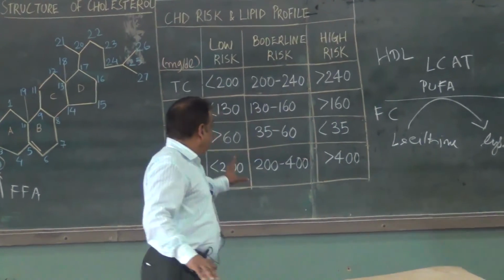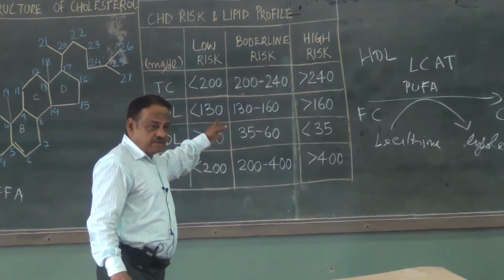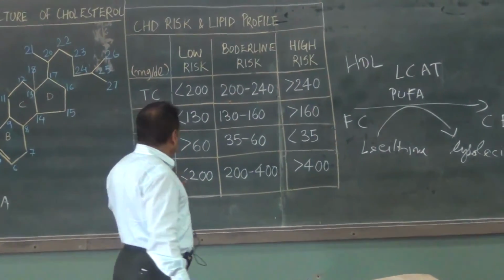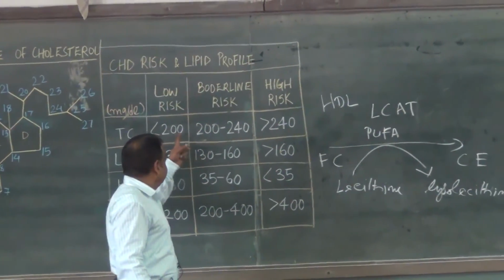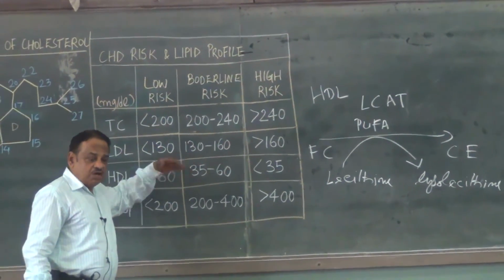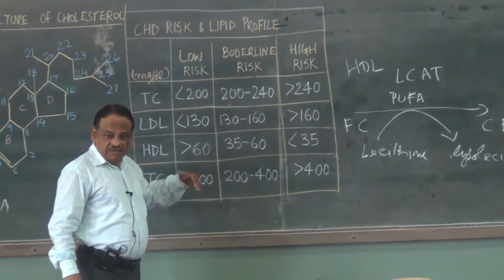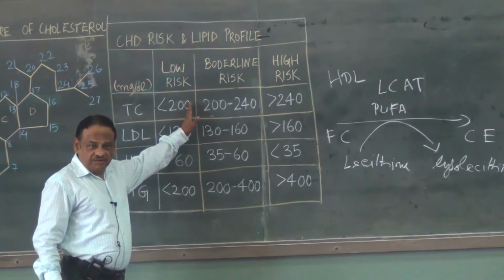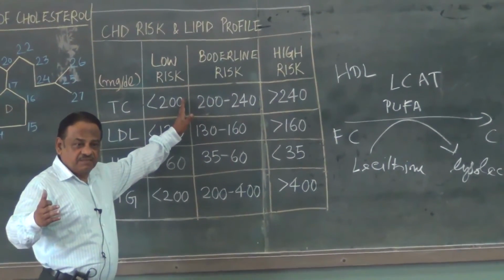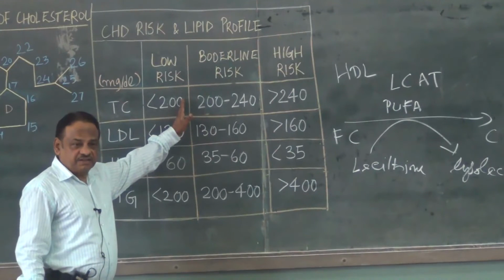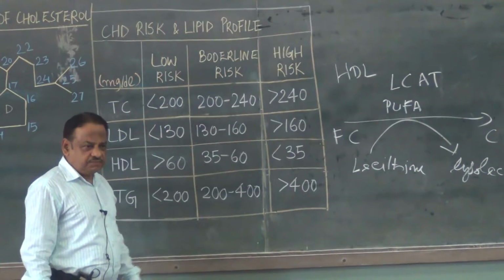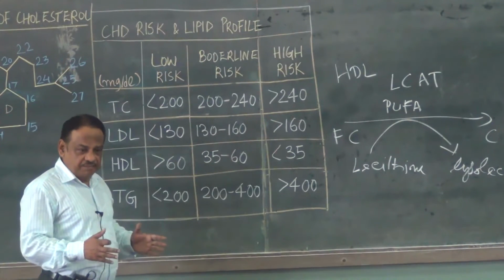So this is about the lipid profile, what should be the ideal and what carries the risk. Now, somebody may have a total cholesterol of 200, which is normal, up to 200. But suppose that patient has higher LDL, more than 170, and lower HDL, maybe about 35, and he has high blood pressure.